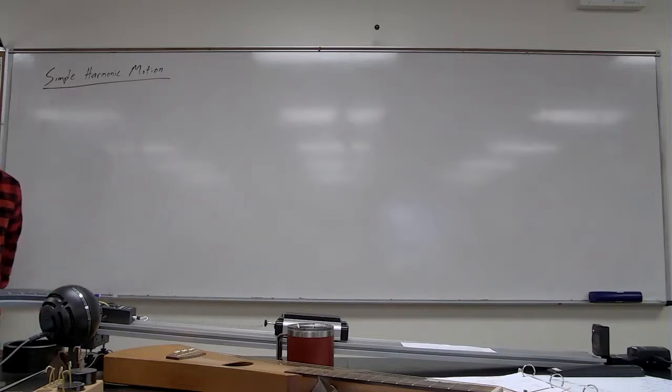You musicians in here, harmonic, yes, harmonics in music. This is where that word, or the same usage of the word, comes from. However, we'll be describing different types of vibrations.